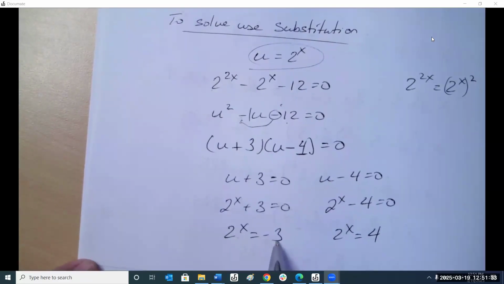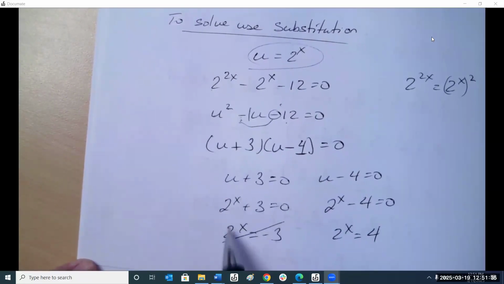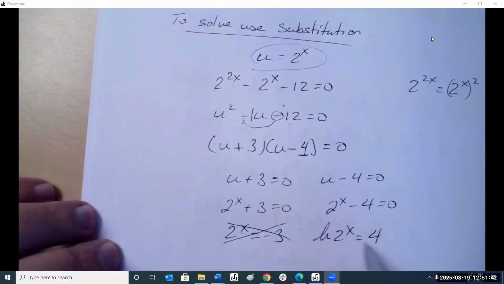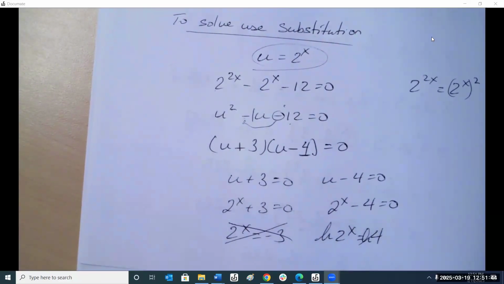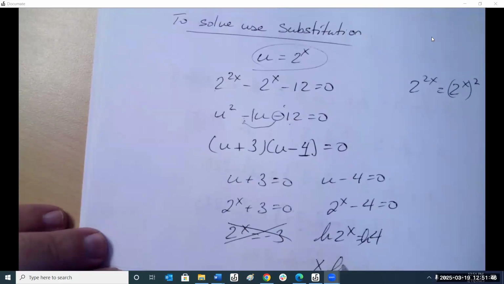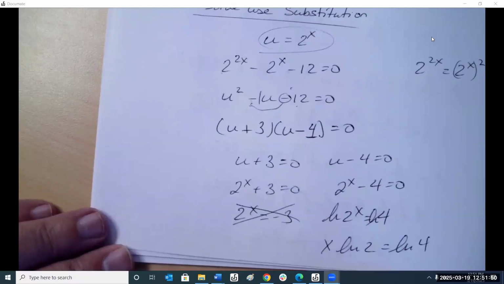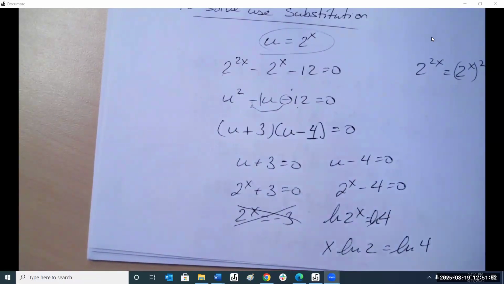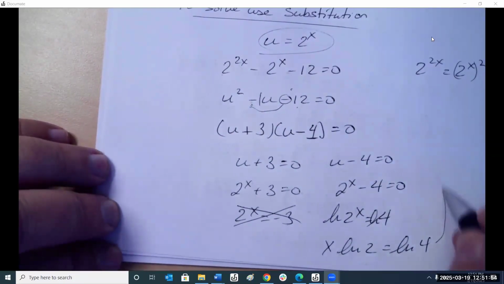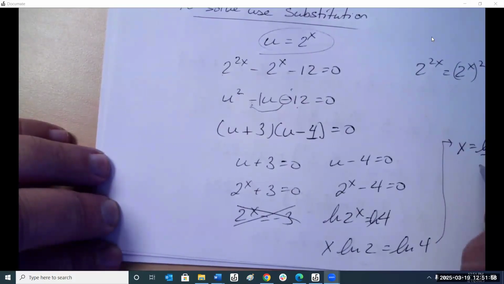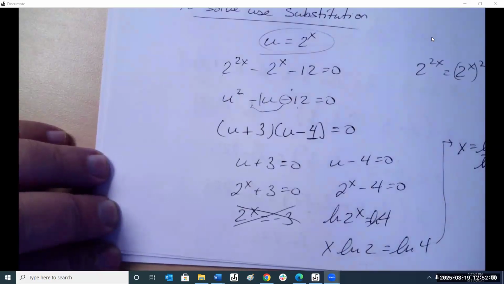Can 2 to the x equal negative 3? No, so we can't use that one. Take the ln of both sides. So x is equal to ln 4 over ln 2.